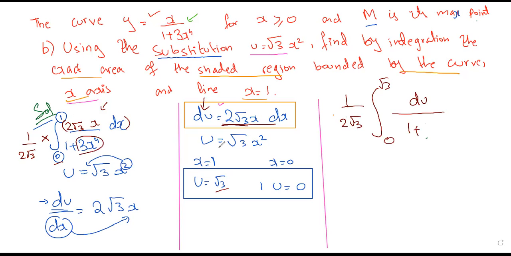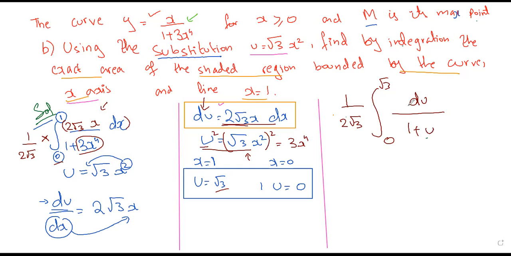The only way to get 3x to the 4 here is to square both sides of u. Squaring gives 3x to the 4, so I have to use u squared.